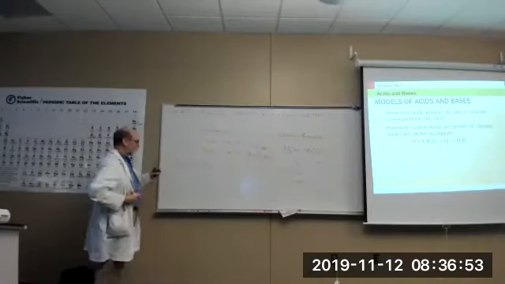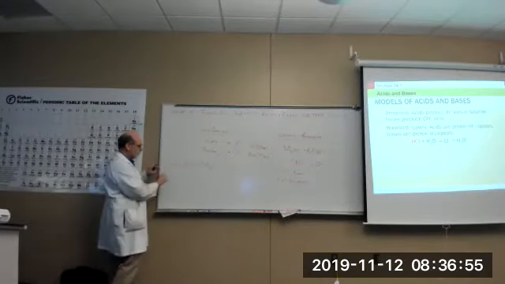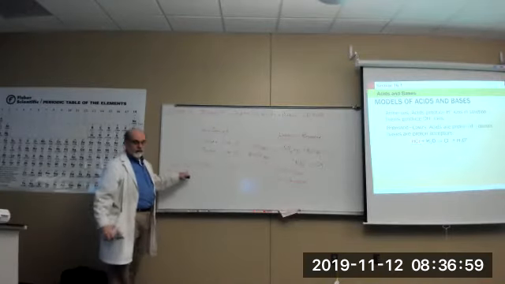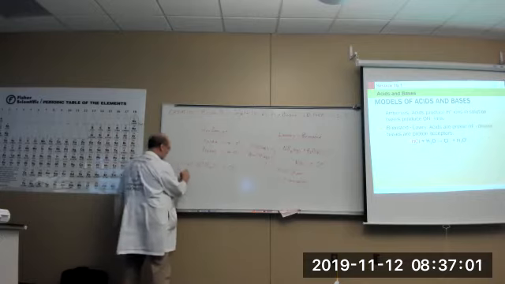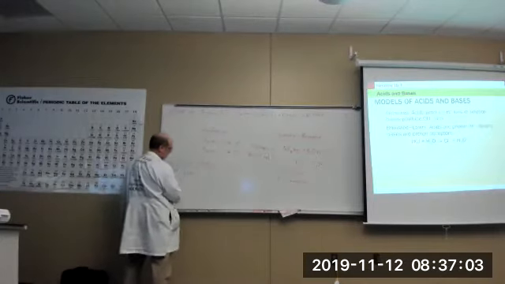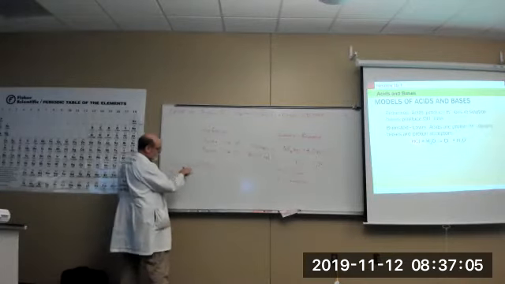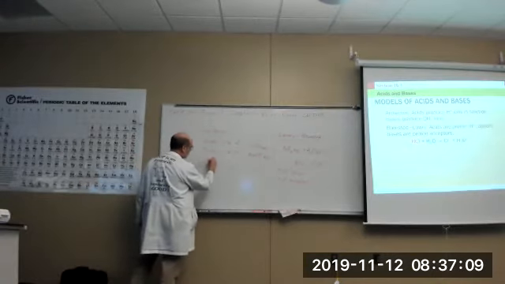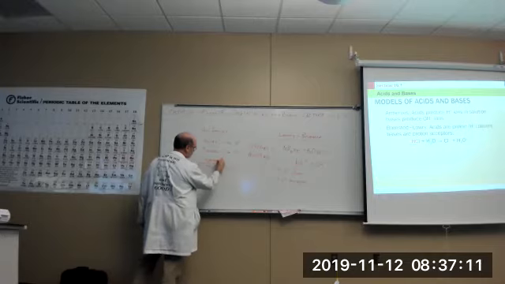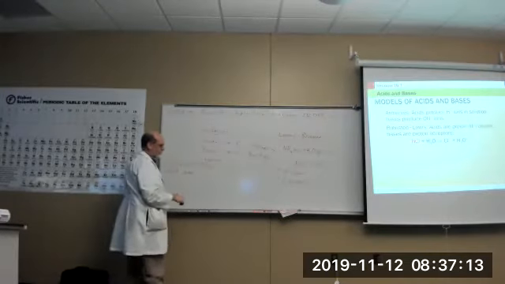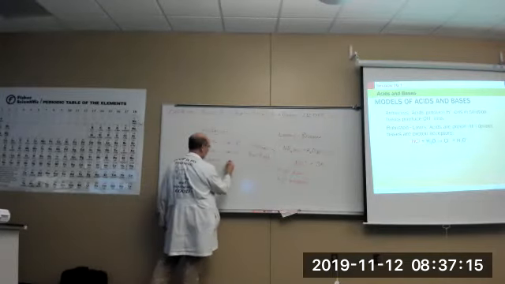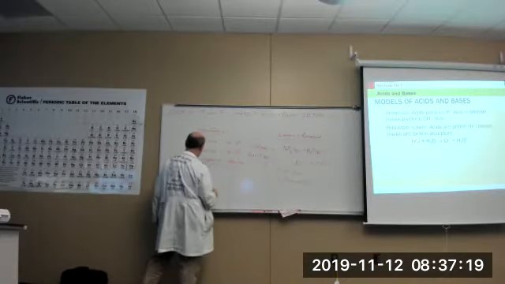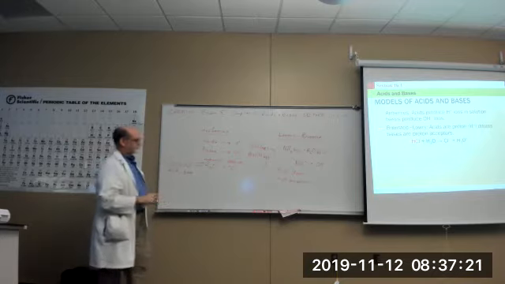So this one, this is the donator. That's the acid. So that makes water the base. Right? The base accepted the proton and produced this one, which is hydronium. That's the hydronium ion. And this, of course, is just the chloride ion in solution. Okay?